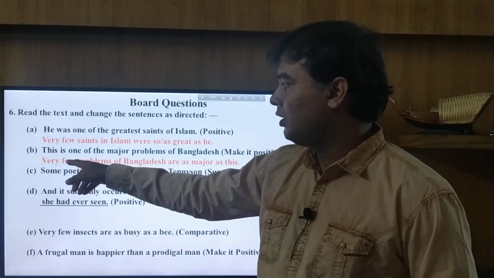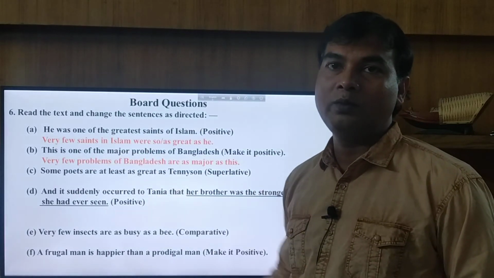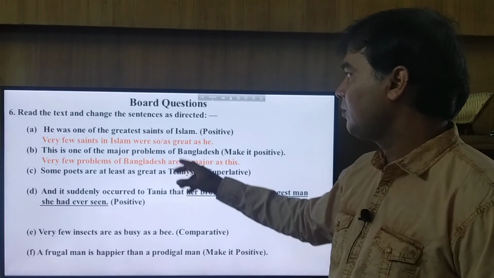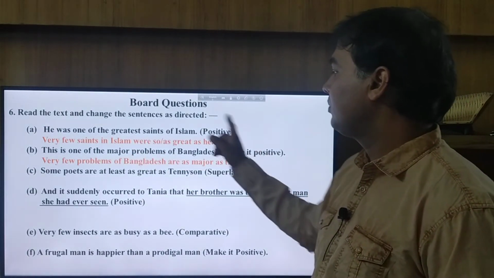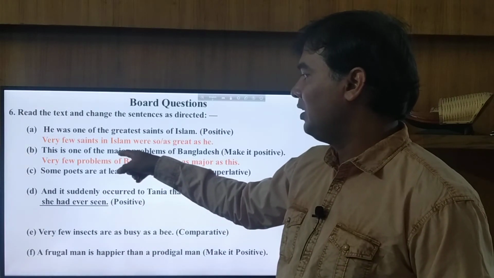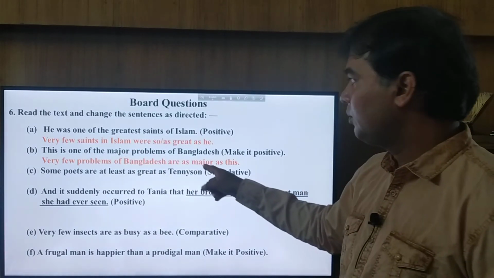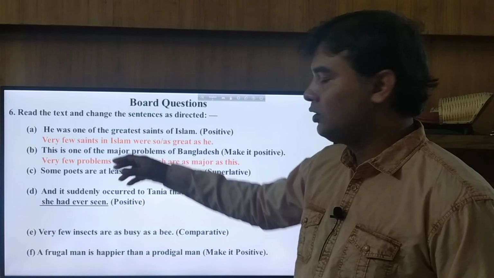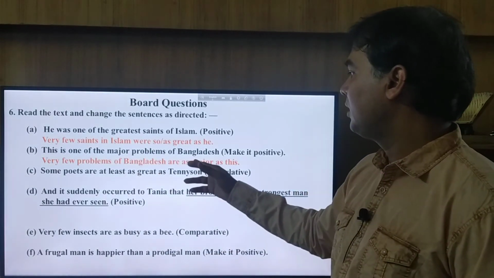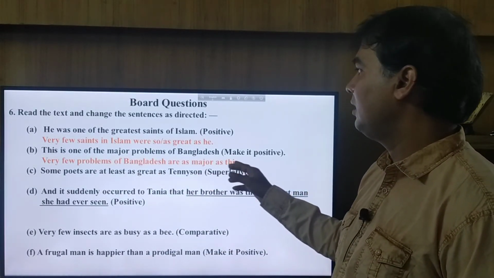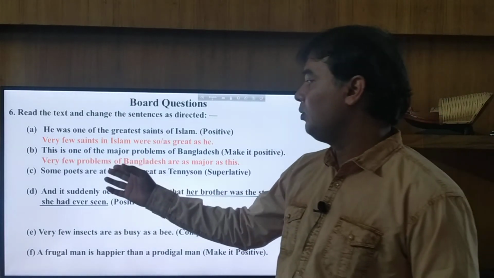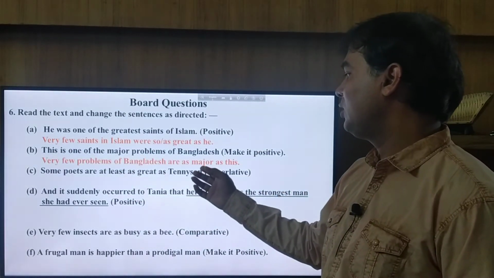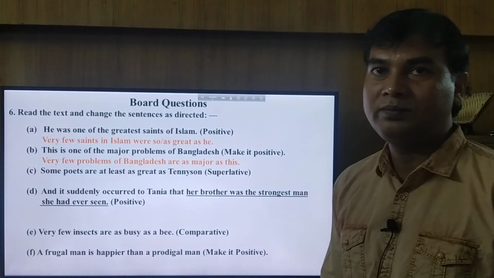Since you start with very few, the verb should be in plural form, are, then as, and then use the positive form of the adjective major. The positive form of the adjective major is also major, so we can write major, then as, and then subject, these. So the answer is, very few problems of Bangladesh are as major as these.